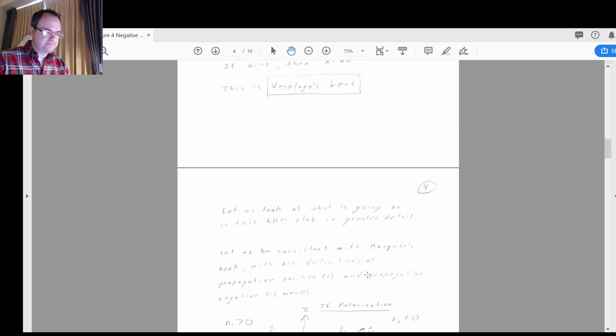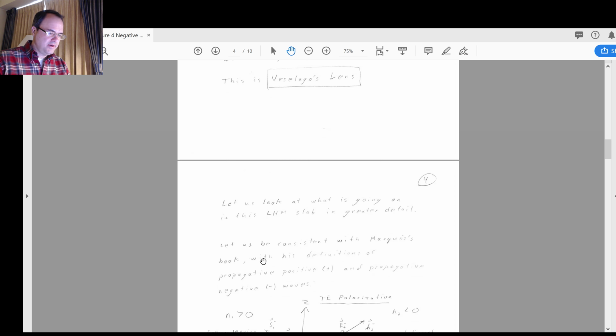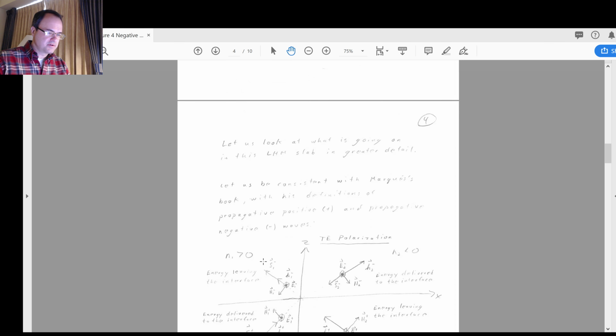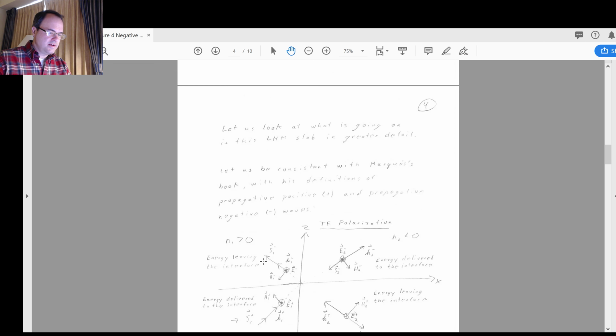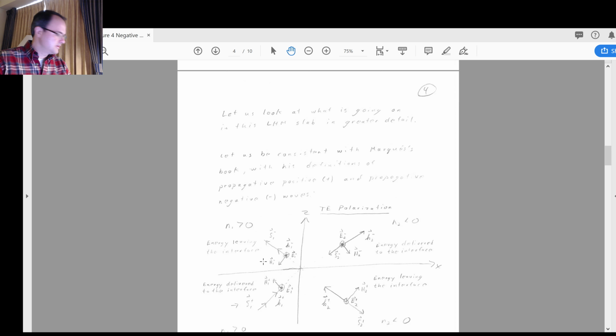So now this is where we go back and try to be consistent with Marquez's book, which I don't really like too much, because I think he does some inconvenient stuff. But we'll muddle through it.